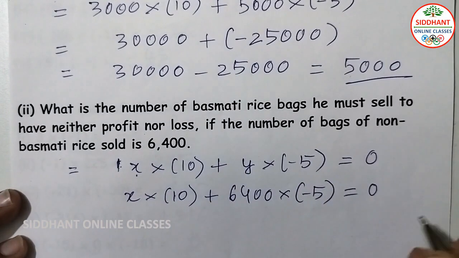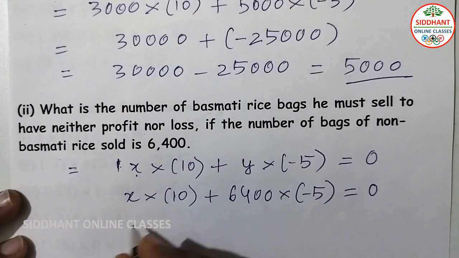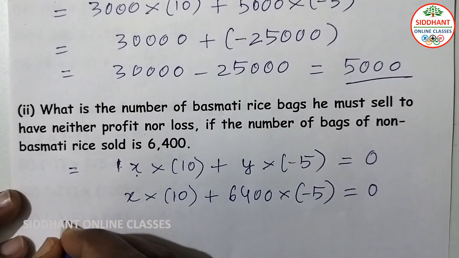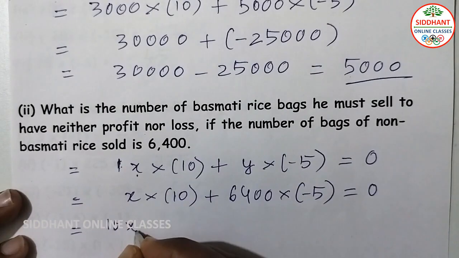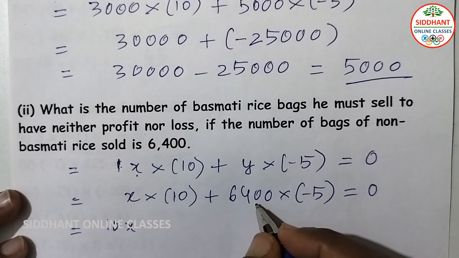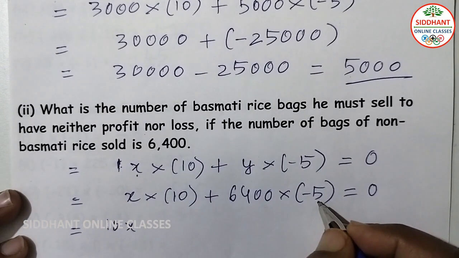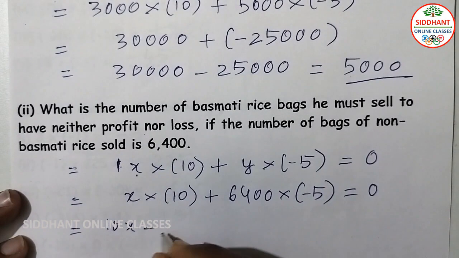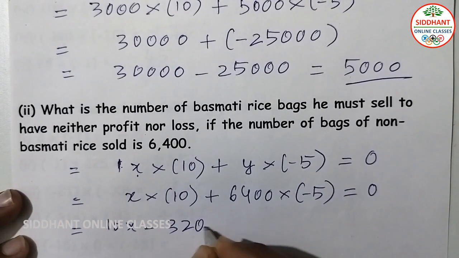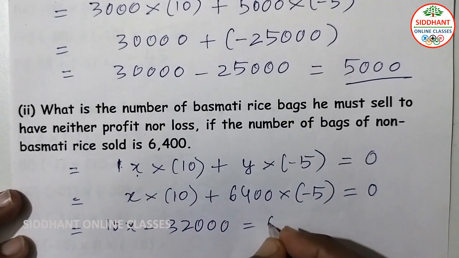So x into 10, that will be 10x. Here 6400 into minus 5, that will be 32,000. That means plus into minus sign, that will be minus 32,000, that is equal to 0.